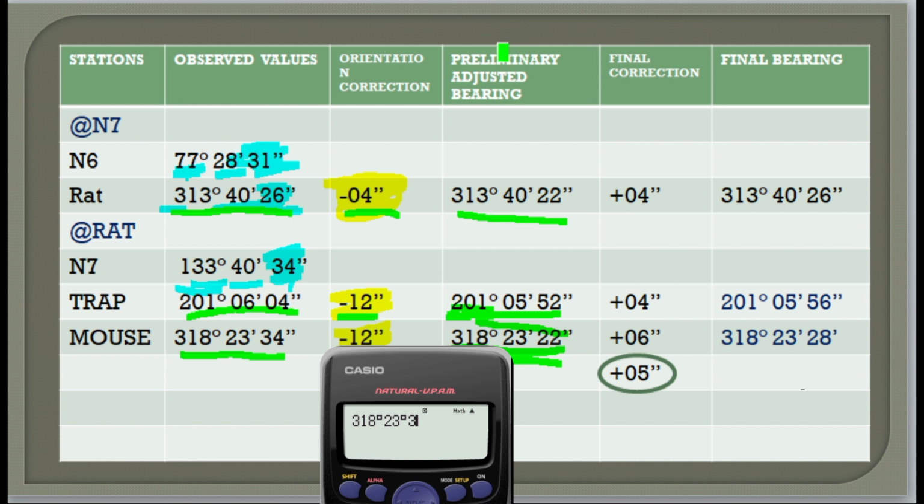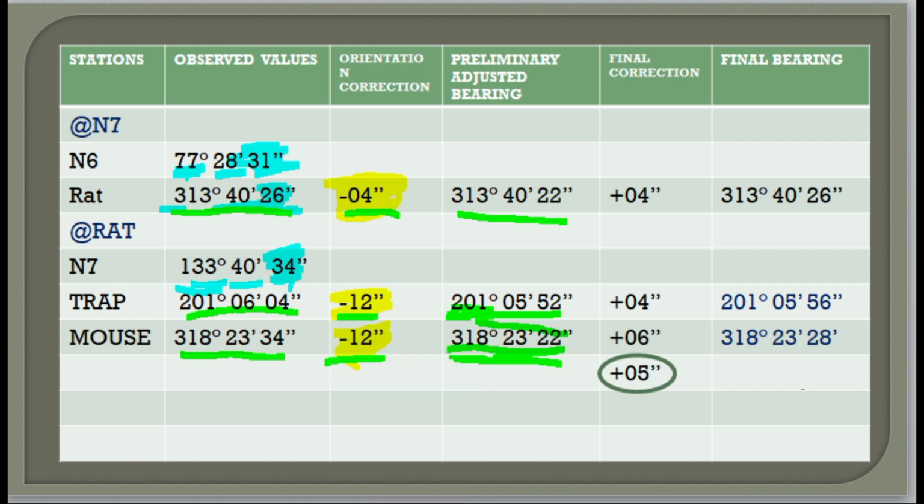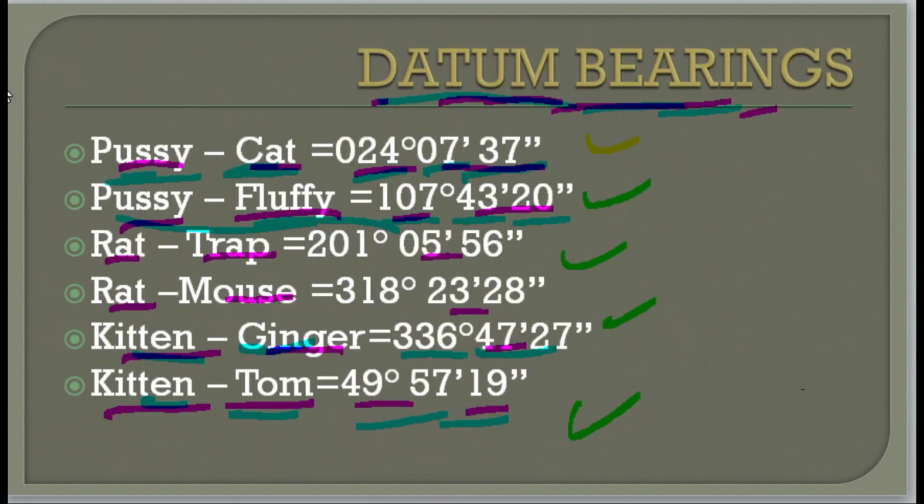So from our preliminary adjusted bearings, we'll have gotten the two data there that we need to use in order for us to get the final correction. Earlier on in the question, we had our data. So from the rat to the trap, rat to the mouse, we had the correct datum bearings provided to us here.